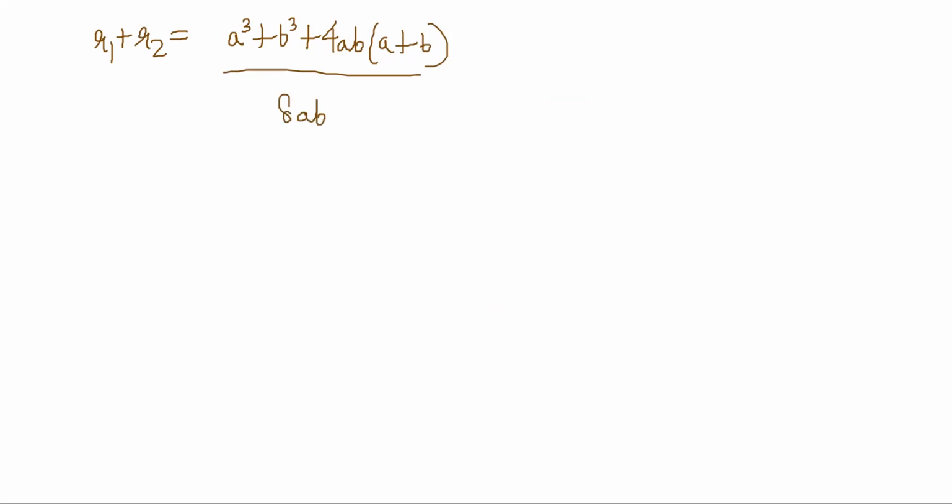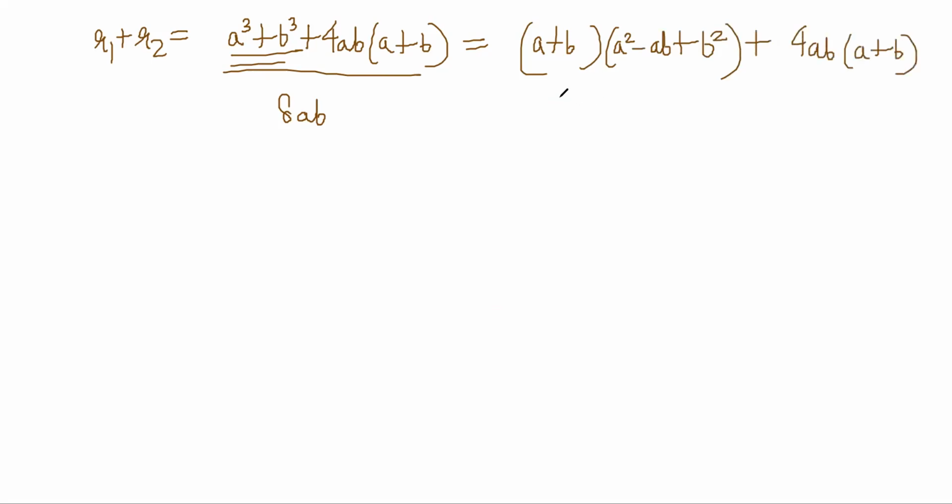Okay, you have to find some minimum value of r1 plus r2. So this a cube plus b cube I can write as a plus b into a square minus ab plus b square plus 4ab into a plus b by 8ab.